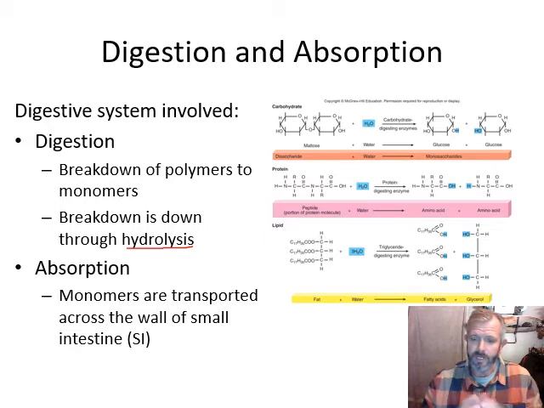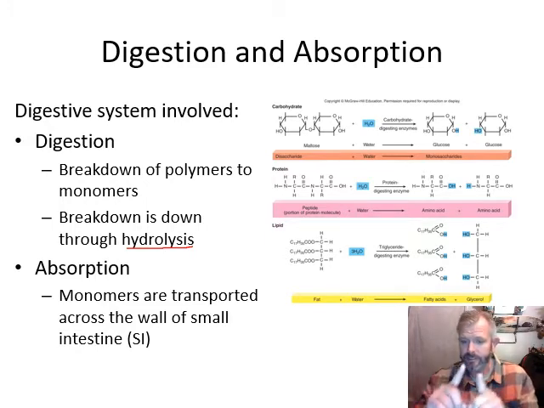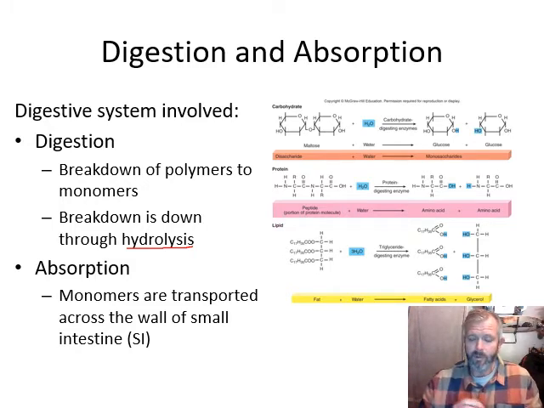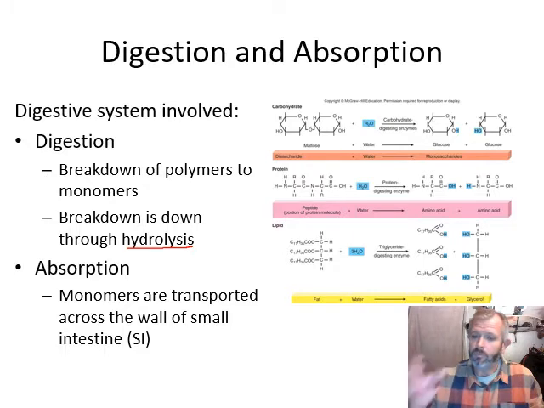You think of carbohydrates, you think of in bread or potatoes, you got starch, and it's this long chain of glucose molecules. Well, we can't absorb this long chain of glucose molecules. We have to get it down to individual glucose molecules. So that is what we're doing for digestion. We're breaking the material down so we can actually absorb it.